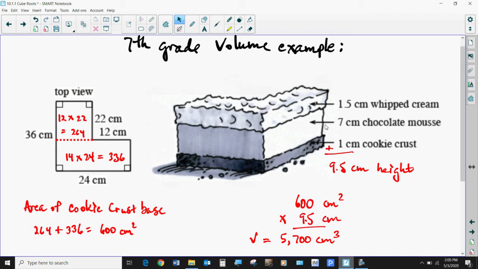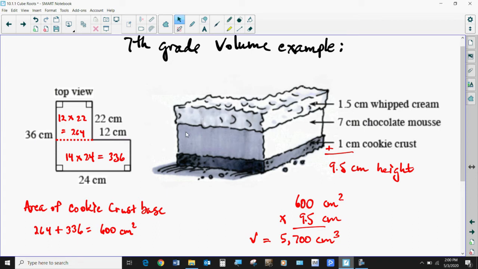Well, if that's 1, that's 7, that's 1.5, then that's a total of 9.5 layers with each layer being 600 cubic centimeters. So you take 600 times 9.5. That meant there'd be a total of 5,700 cubic centimeters that would take up all of this dessert.